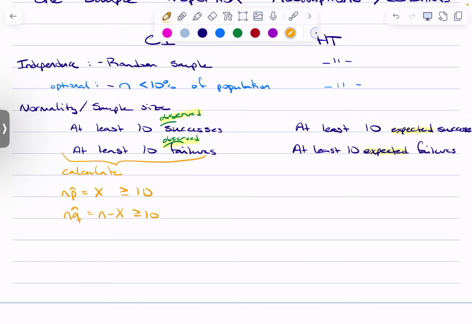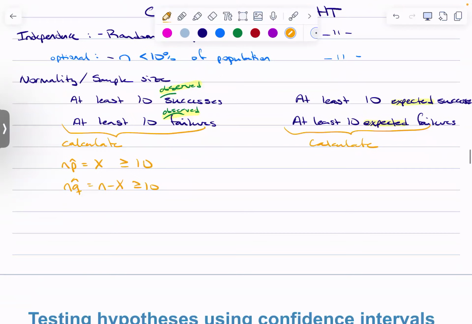The expected successes and the expected failures rely on your null hypothesis, right? And so how we calculate these is we need n times p naught to be greater than or equal to 10.